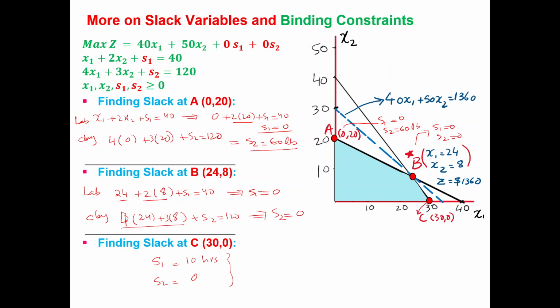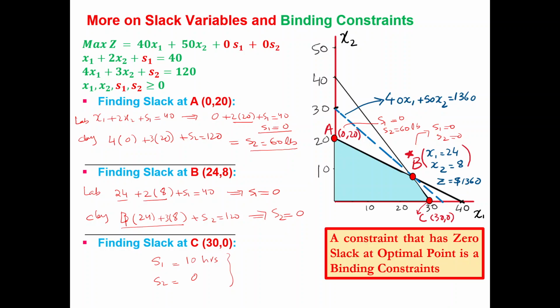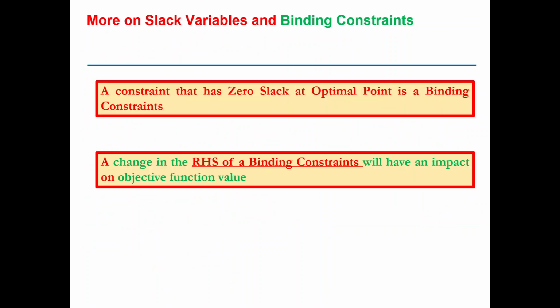Based on these values of slack variables, we define the binding constraint. A constraint that has 0 slack at the optimal point is a binding constraint. These binding constraints are very important for the sensitivity analysis of the right hand sides of the constraints, because a change in the right hand side of a binding constraint will have an impact on the objective function.